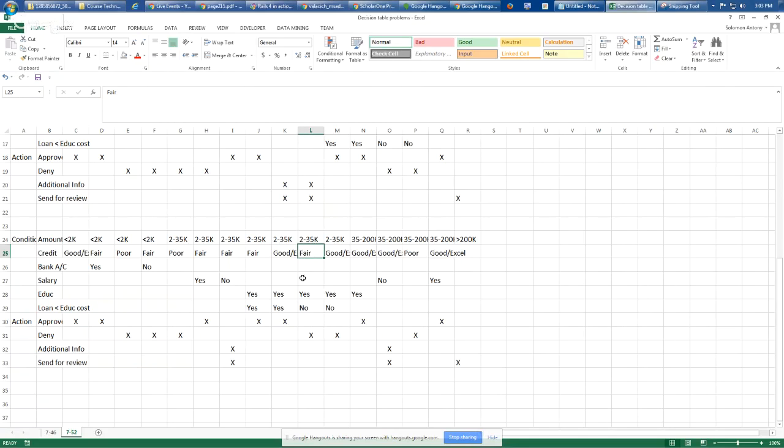So this fair I can move, swap these two. 2 to 35: fair, fair, fair, and good, good.